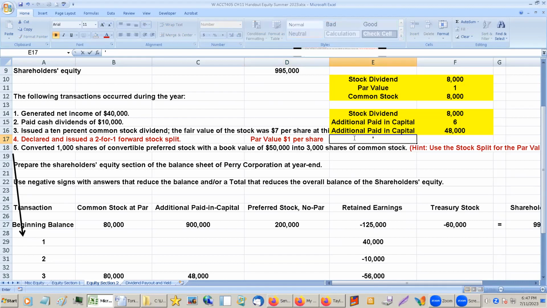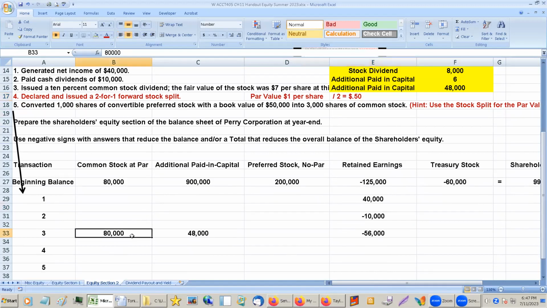And we're going to divide that by 2. That's going to equal 50 cents per share. So the new par value is going to be this. Now, we don't have to do anything down here. It's not going to change in total.